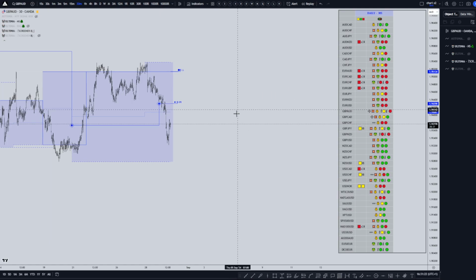So what we are looking for at that point is a sign of strength on the daily range. So again, on GBP/AUD, we have a plus.